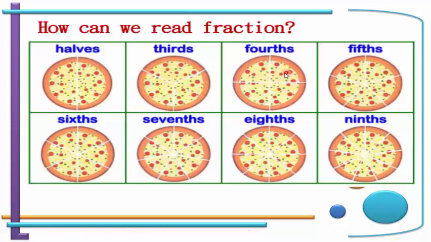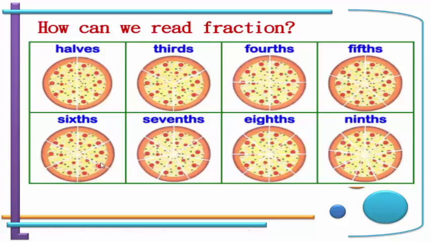The third one is divided into fourths. We have 4 parts. Here we have 5 parts, so the whole one is divided into fifths. Each part is called fifth, okay?